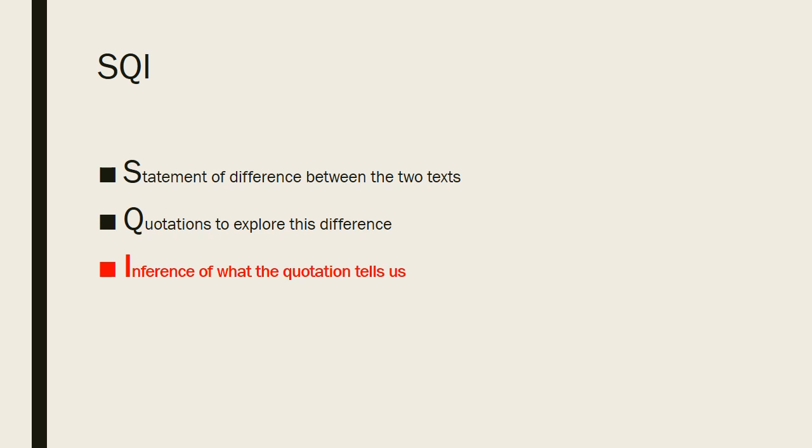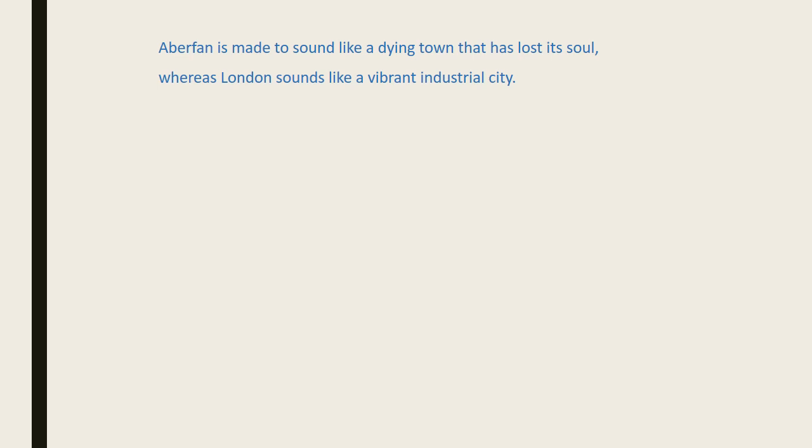So here we go. The first statement is exactly what I wrote. It came up within that first planned point of difference. Aberfan is made to sound like a dying town that has lost its soul, whereas London sounds like a vibrant industrial city. Exactly what I planned.